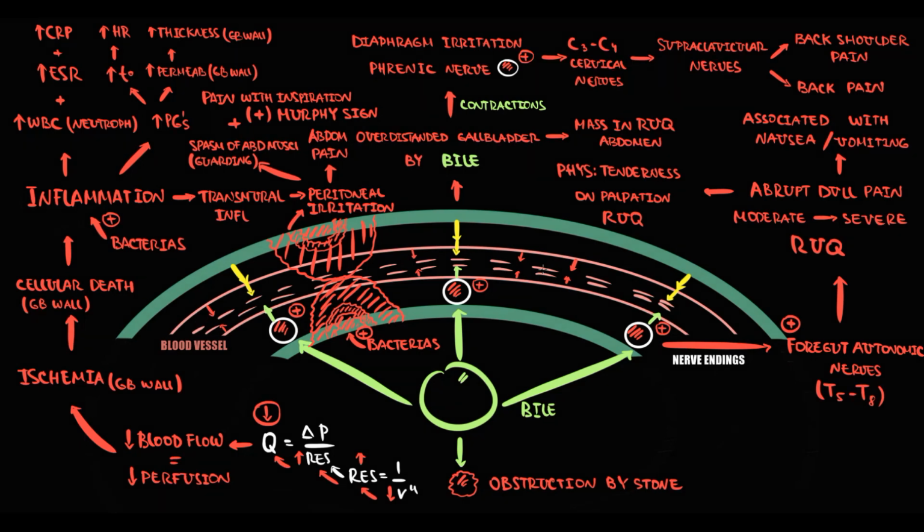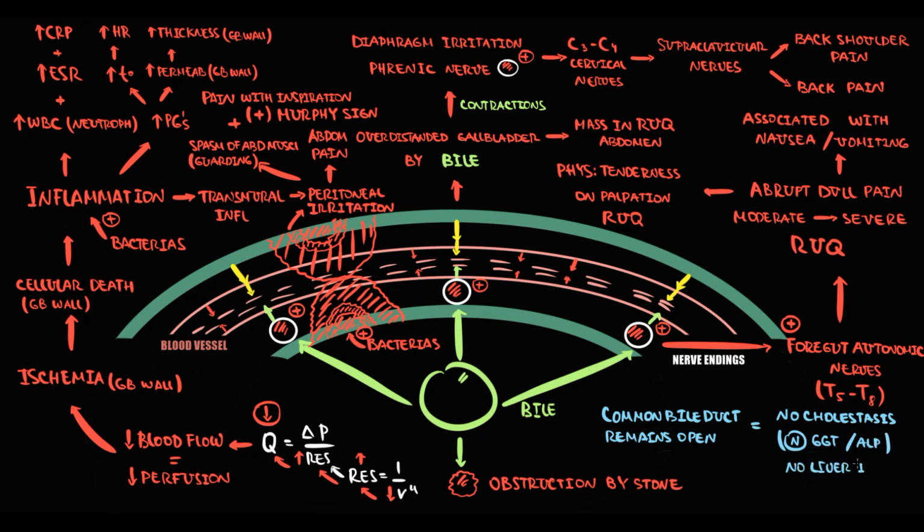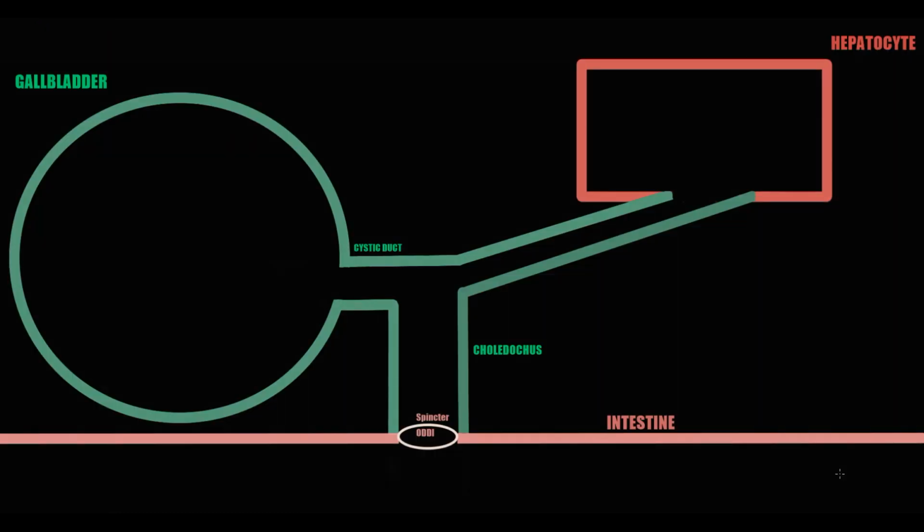Also, because the common bile duct remains open, bile can freely pass to the duodenum, so cholecystitis does not cause cholestasis, so ALP and GGT will be normal, and also there will be no liver injury, so ALT and AST will also be normal. Acute cholecystitis has two potential complications.